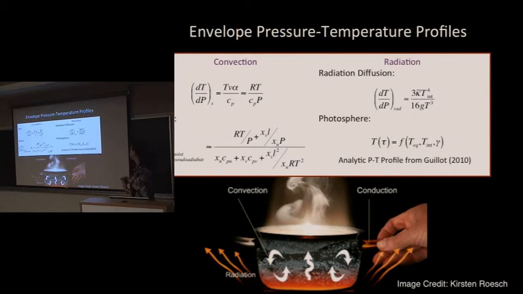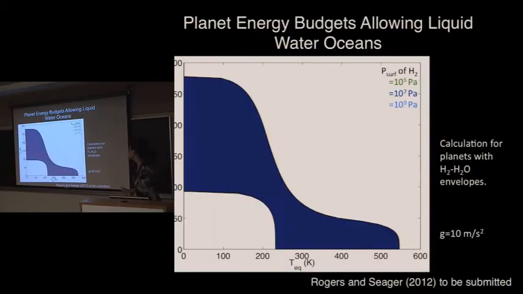Okay, and so with these ingredients, I calculate the pressure temperature profiles through the envelope, and explore the range of combinations of intrinsic planet luminosity and the degree of irradiation from the star that allow for potential solutions with a liquid water ocean on the planet's surface. Here's what I find.